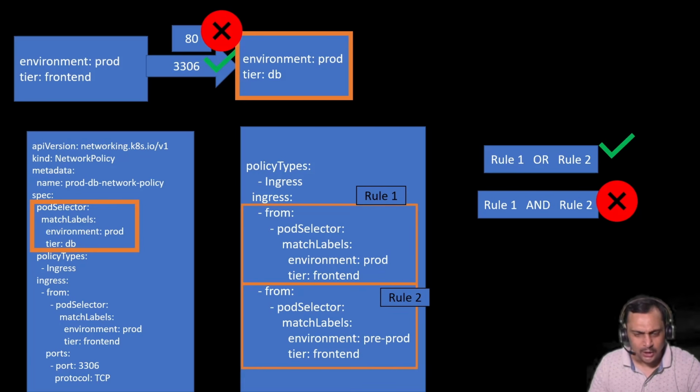Thus, if any rule matches, it allows traffic. In short, whatever we want to allow, we can mention it, and whatever we are not mentioning, it will deny. You cannot specify that, okay, I want to deny this rule or this port number 80 should be denied. You cannot do that in network policy.